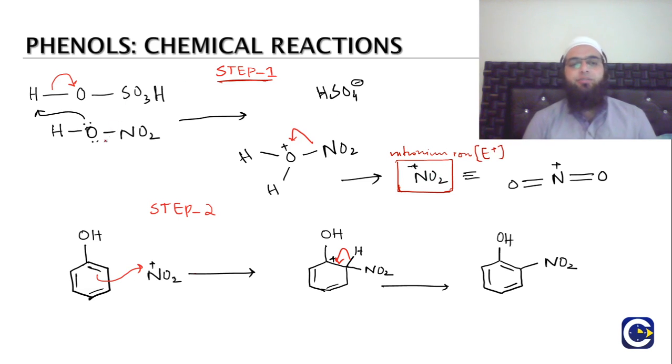How is this obtained? First we have the reaction between the nitric acid and the sulfuric acid. Since the sulfuric acid is a very strong acid, the proton of the sulfuric acid will be easily given in solution, which will subsequently be captured by the oxygen of the nitric acid, because oxygen has a lone pair of electrons and nitric acid is less acidic in comparison to the sulfuric acid.